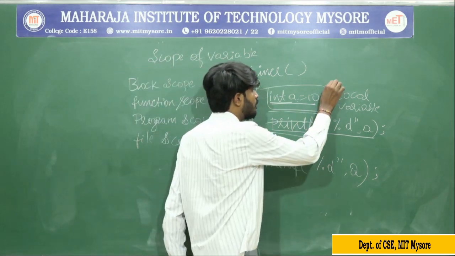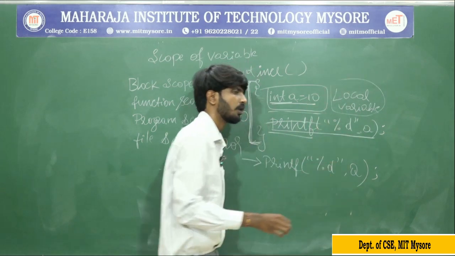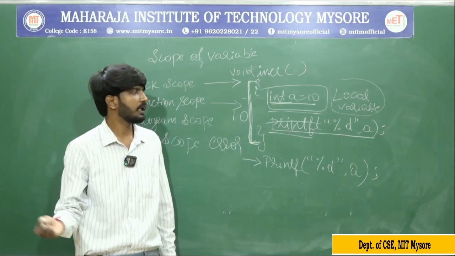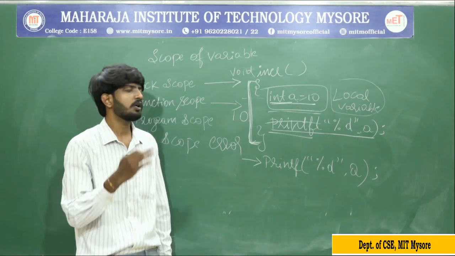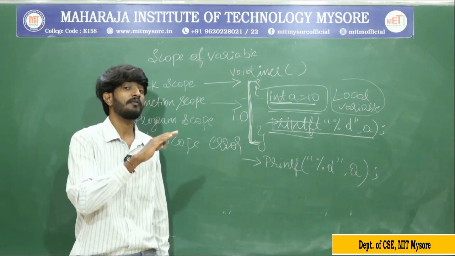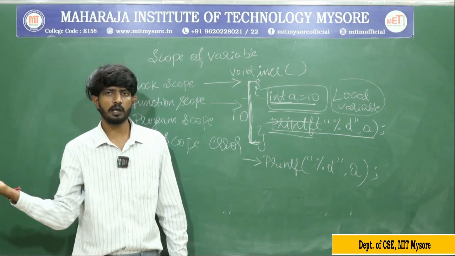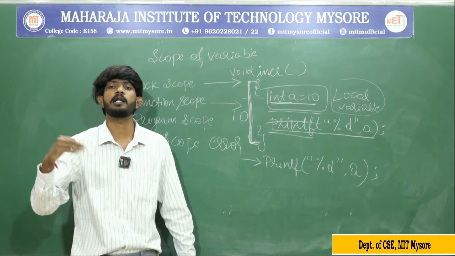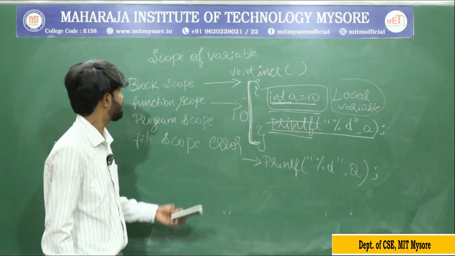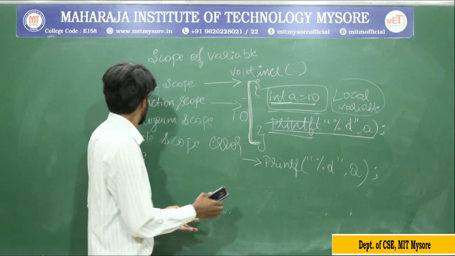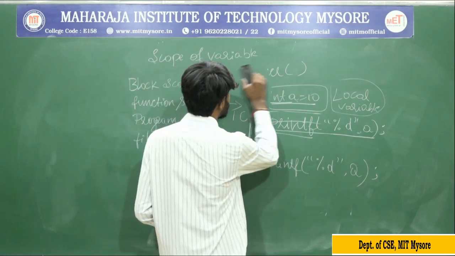If I declare any data in the main function, that is also a local variable, and it cannot be used in another program, block or function. This is called function scope.